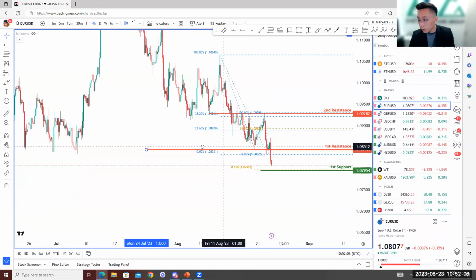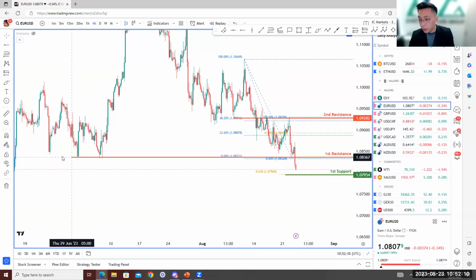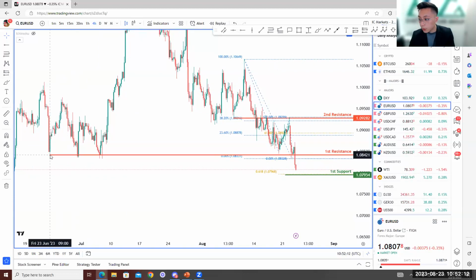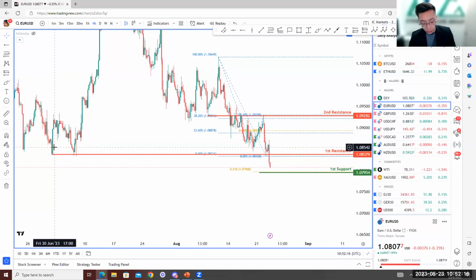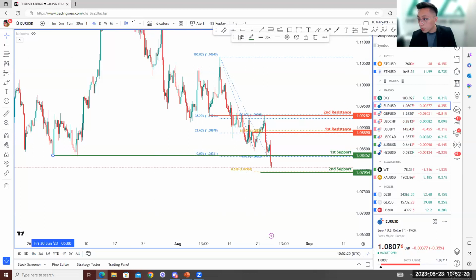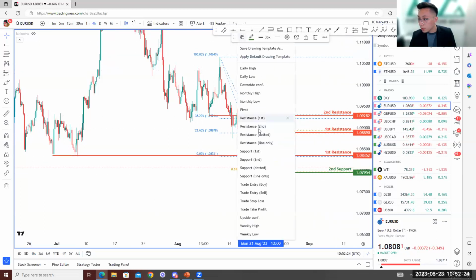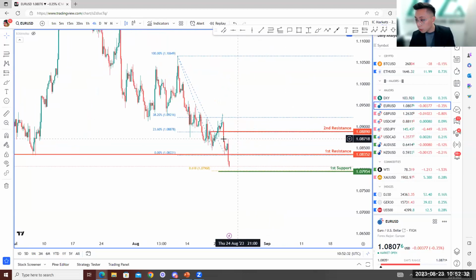So this shift down, support becomes resistance after it's broken through, right? So just keep it here. Hold on, let me just make it simpler. Okay, this is our first resistance, this is our first support. Okay, this is our second resistance. Done.